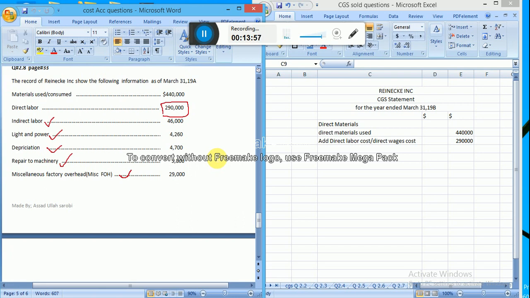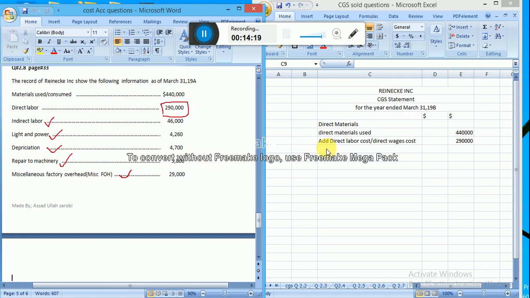Repair to machinery: sometimes we repair the machinery, so we pay some cost for it. And miscellaneous factory overhead means other small factory overhead costs, so we put them into one account, the miscellaneous account.